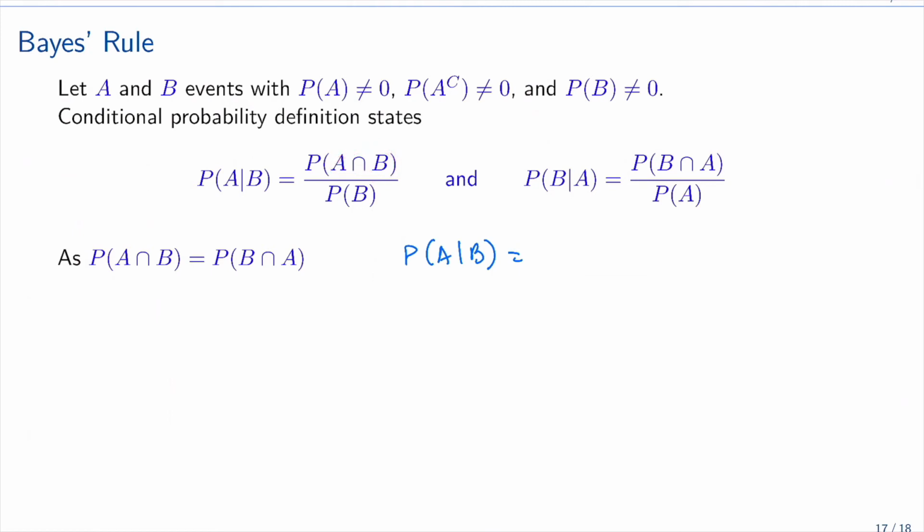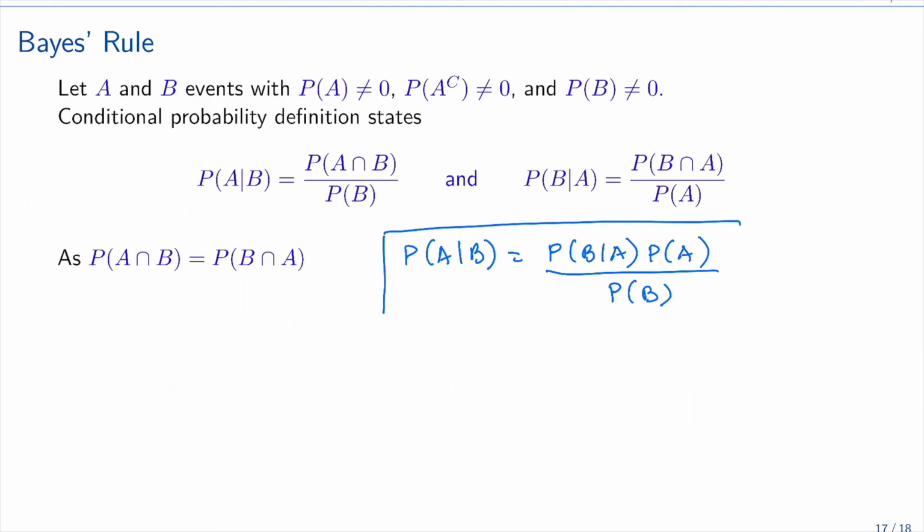But I'm going to write the probability of the intersection as the probability of B given A multiplied by the probability of A. So that's it, the probability of B given A multiplied by the probability of A, and then divided by the probability of B. Now this is considered the Bayes rule.